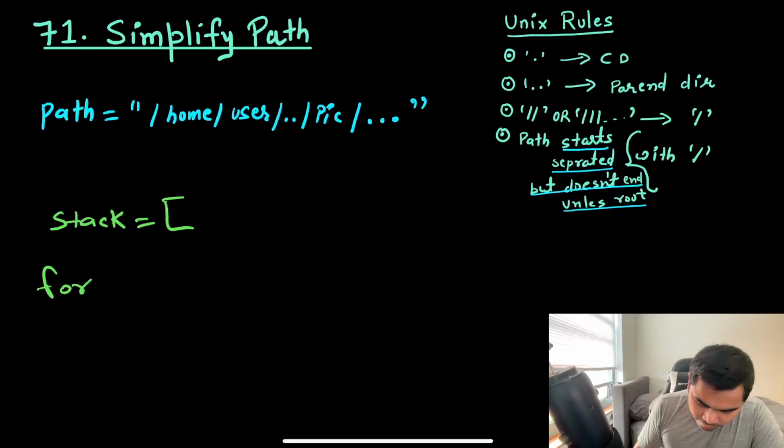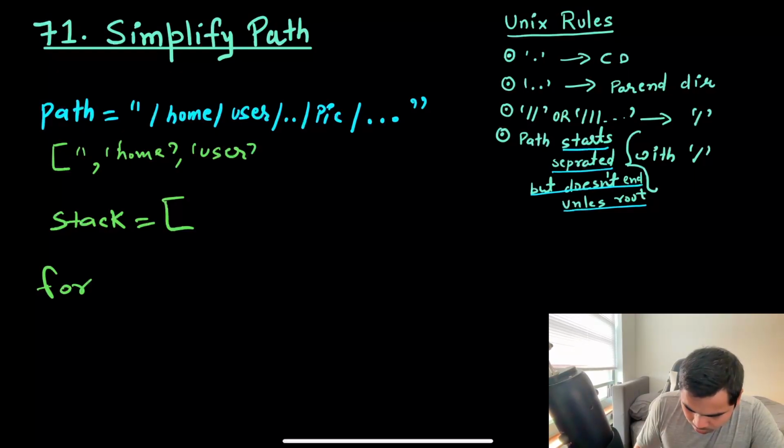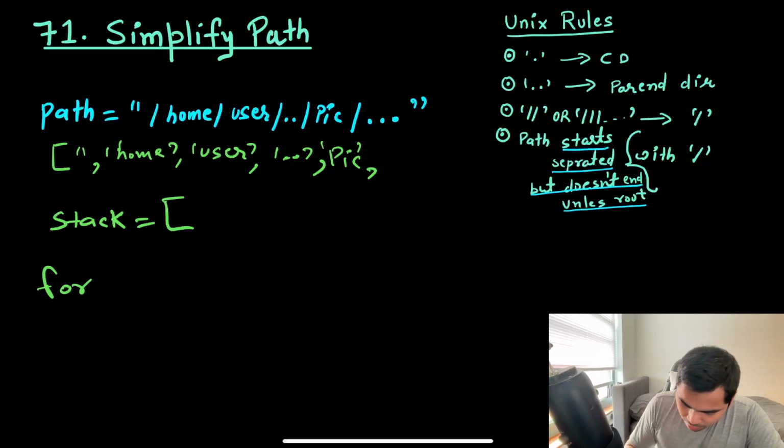After splitting all the values, I'll have an empty string, then home, then user, then the two dots, then pick, and then the three dots, because right now we're just splitting, we're not going through them yet.